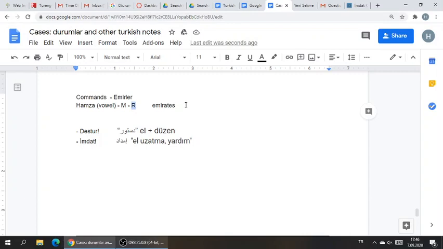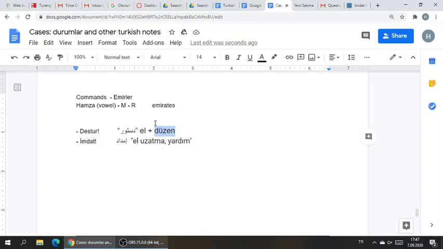So some less common examples of this, just for fun, are destur and imdat. Destur is a very Persian word. It comes from the word dest, meaning el, meaning hand, and düzen, meaning order.